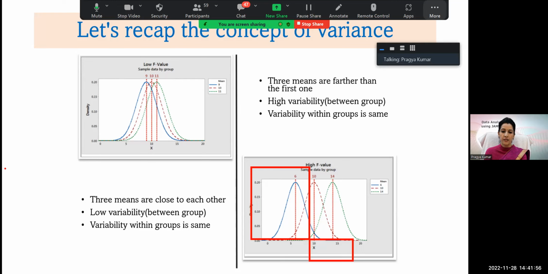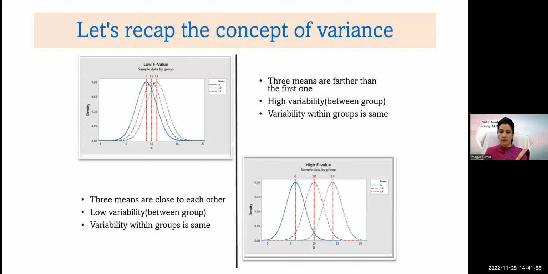If you compare with the first one, the overlap is less in this. So there is a high variability between groups, and the within group variability is the same because of the shape and size, like the spread is the same.